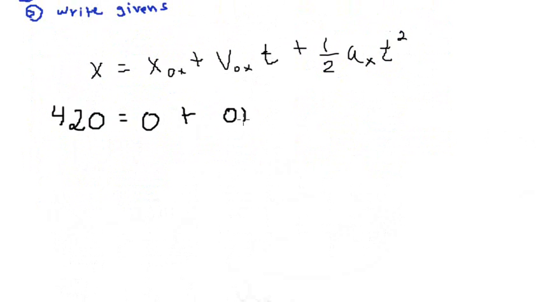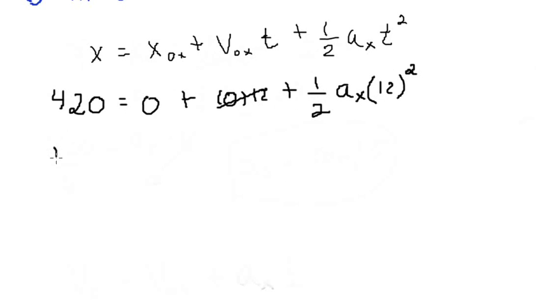So 0 times 12 cancels out because 0 times anything is 0, plus 1/2 the acceleration, which is what we're looking for, and the time is 12 seconds. We have to square that.